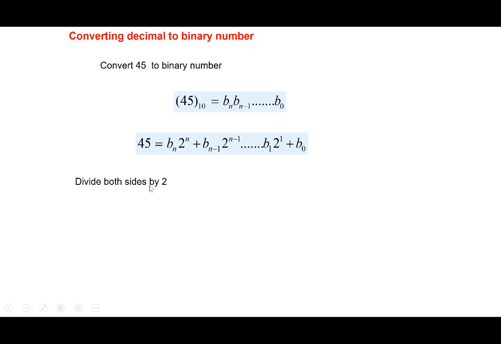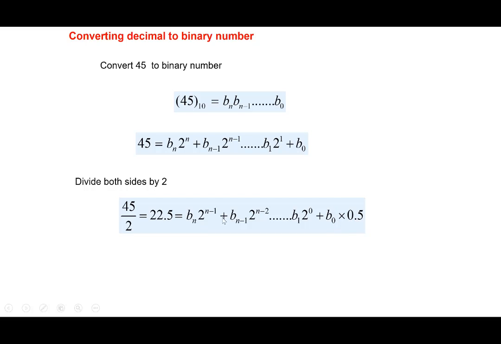So suppose we divide both sides by 2. We divide the left hand side by 2 and the right hand side by 2. 45 by 2 is 22.5. And when we divide by 2, 2 to the power n becomes 2 to the power n minus 1, and the B1 term's 2 to the power 1 becomes 2 to the power 0, and this one becomes B0 times 0.5.